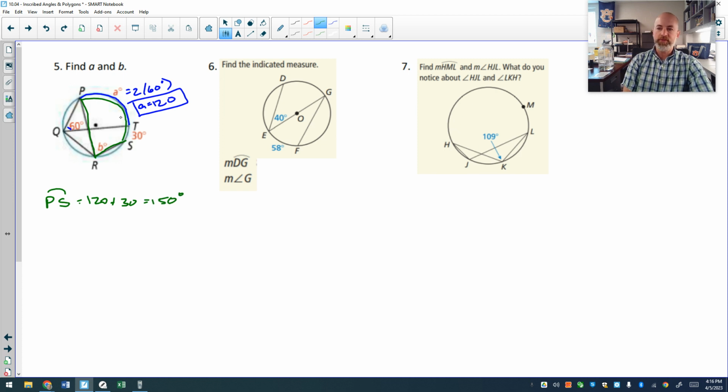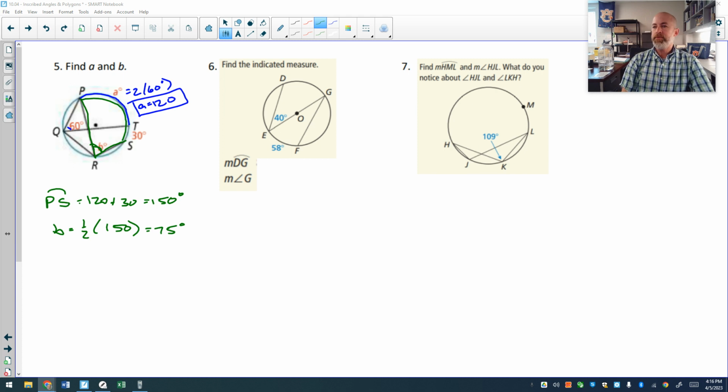And so if 150 is the measure of the arc intercepted by angle R, then B is going to be exactly half of that, which will be 75. So there's your B.